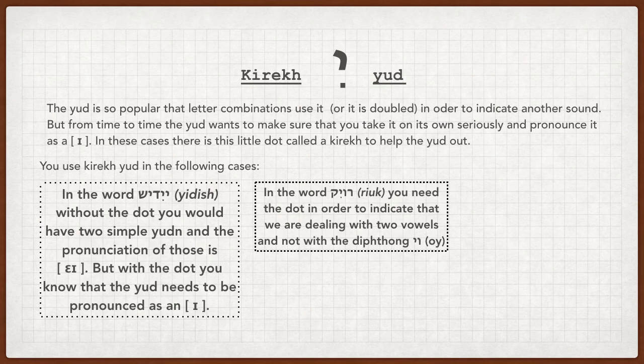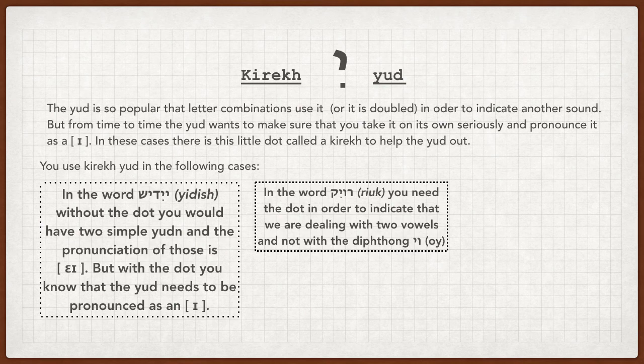And the Hirik Yod is in this word to indicate this pronunciation, because otherwise you could read it as roik, because there is a Vav Yod, which is oi. So why wouldn't you? Because there is that kirech, showing you that the Yod is an independent I sound.